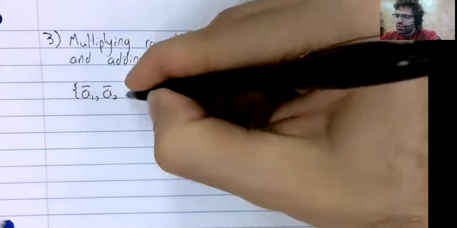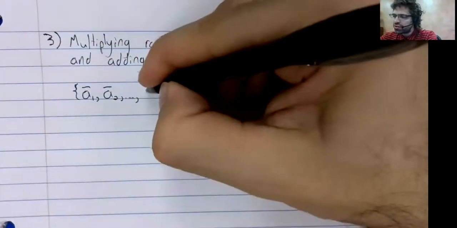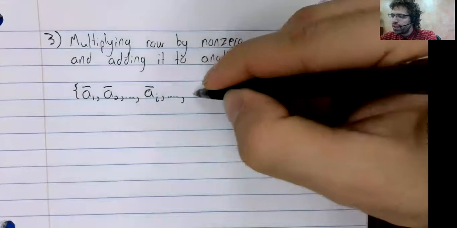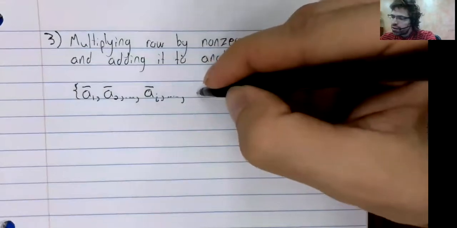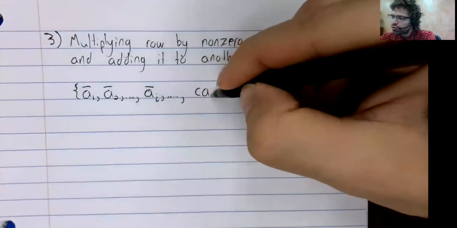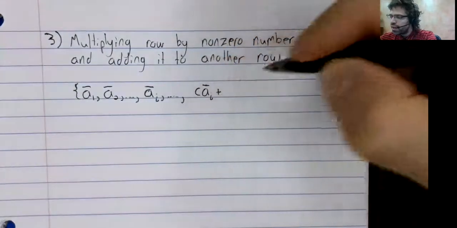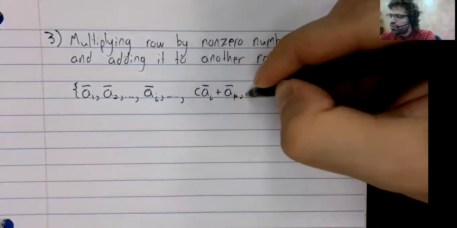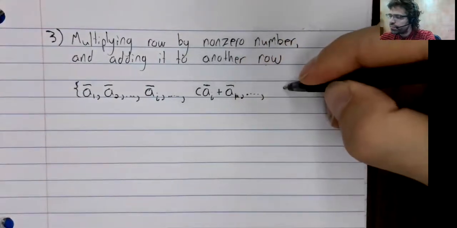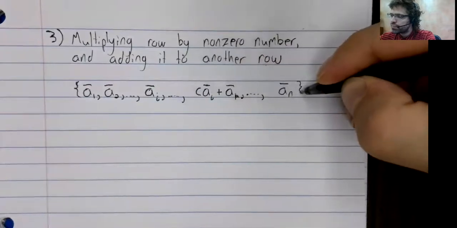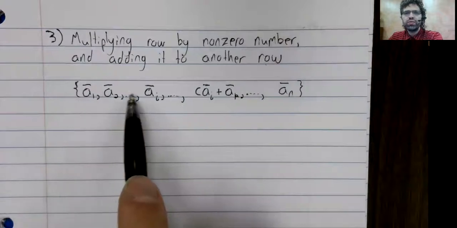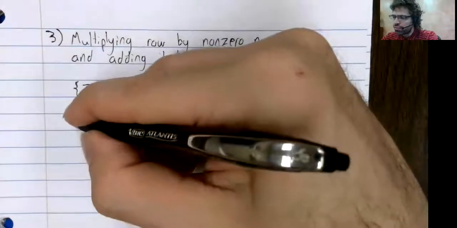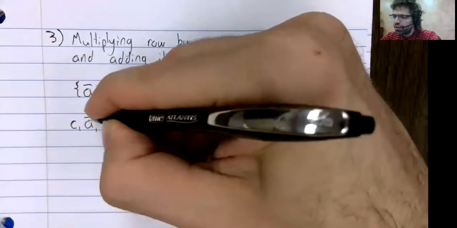So somewhere in this list we'll put a vector A sub I. A sub I is the vector that we're going to multiply by an arbitrary constant and add it to another row, A sub k. And let's ask ourselves, what are the linear combinations of these vectors? What is the span of this set?